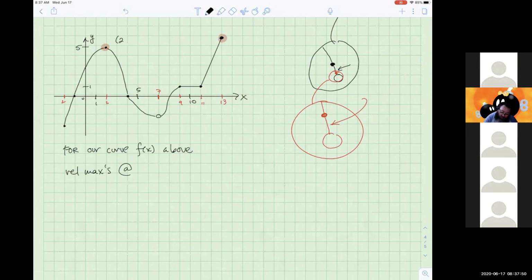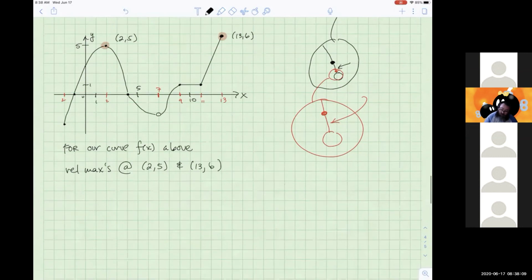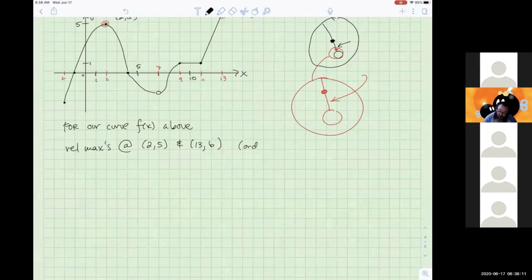That is 2, 5, and that is 13, 6. Those are not intervals. These are ordered pairs. So watch out. It can be really confusing if you're not on top of intervals versus ordered pairs. Watch out for that kind of thing.